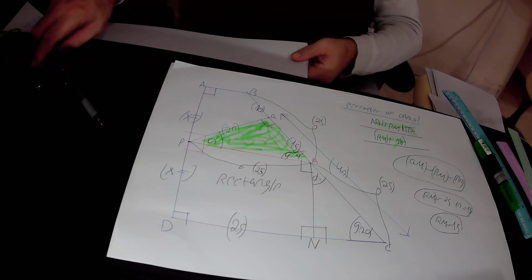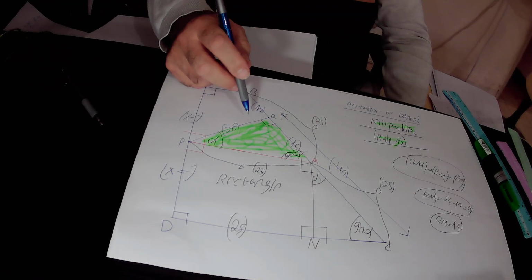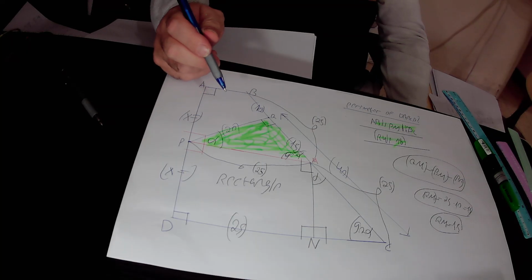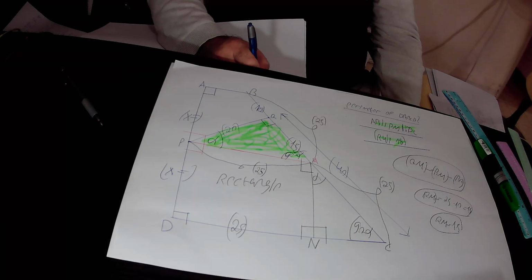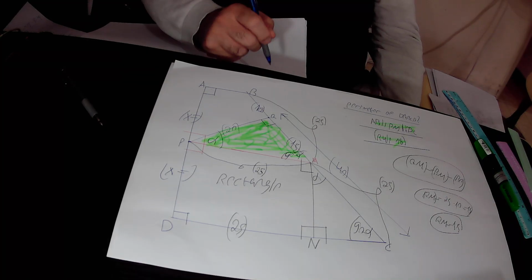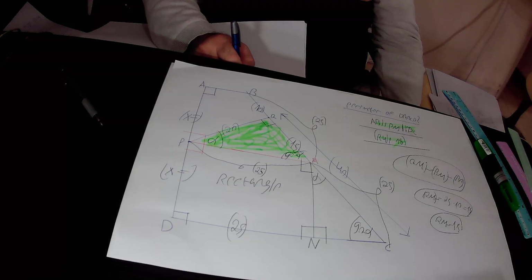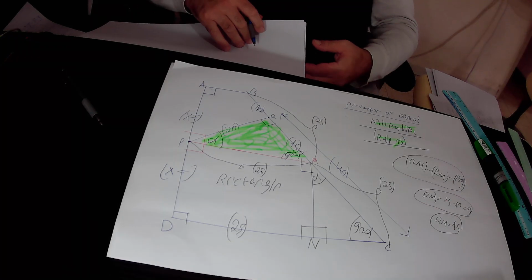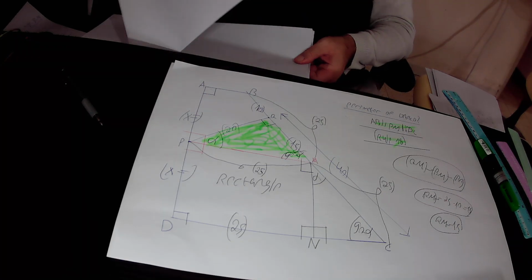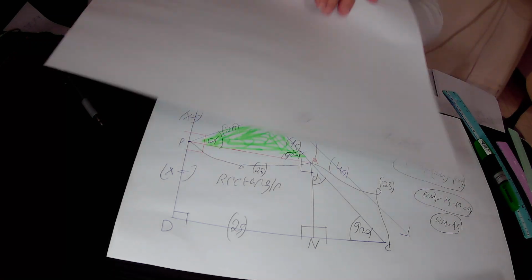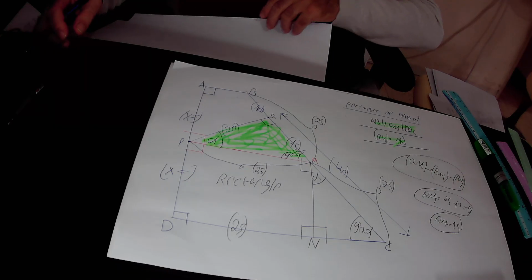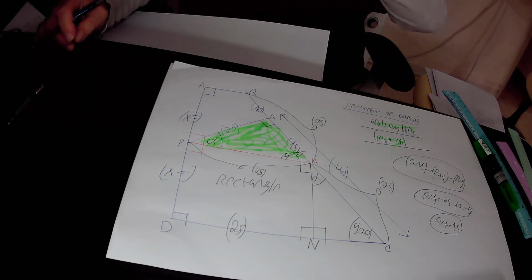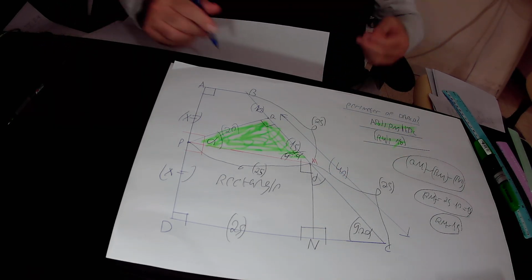We found out that this green right triangle QPM is in congruence. This is the sign of congruence. This right triangle MNC according to the angle side angle rule.